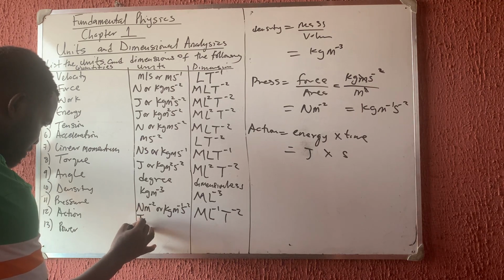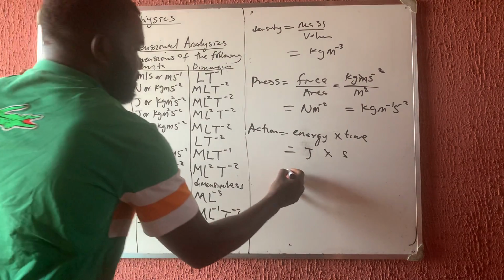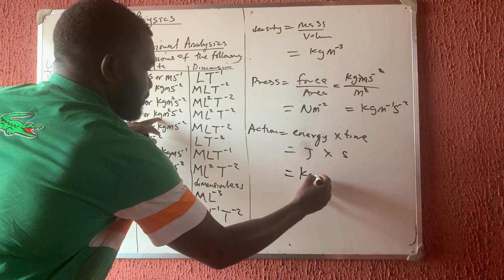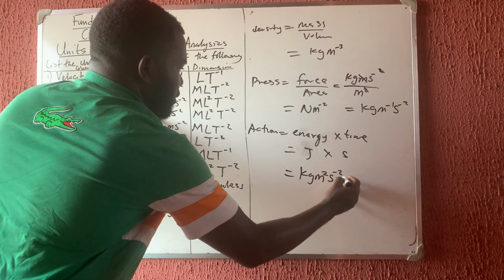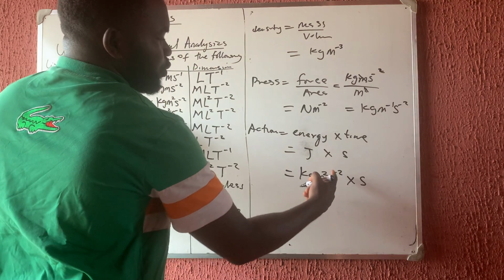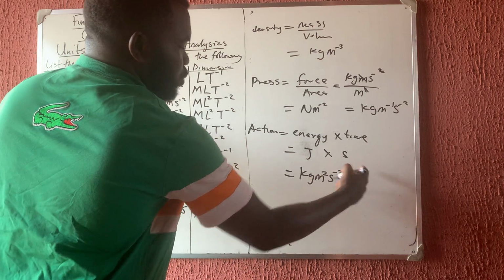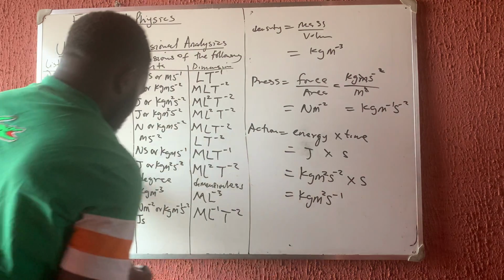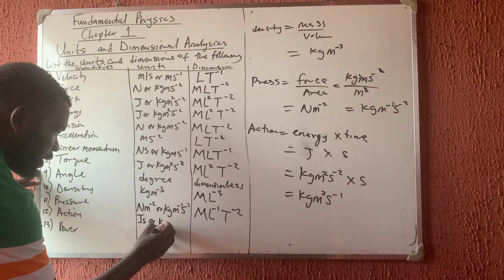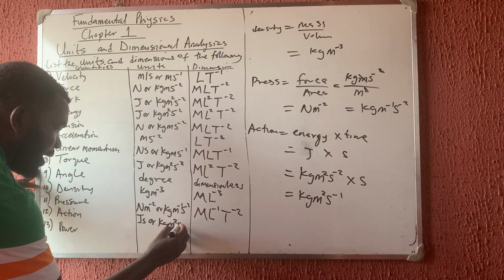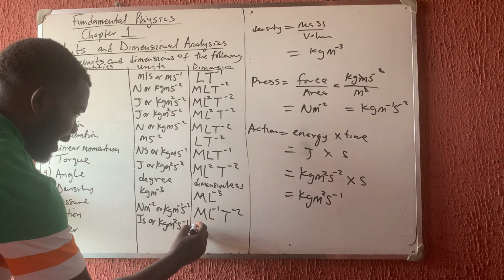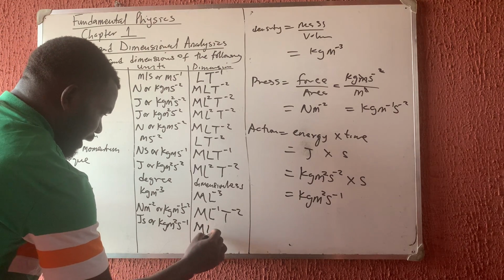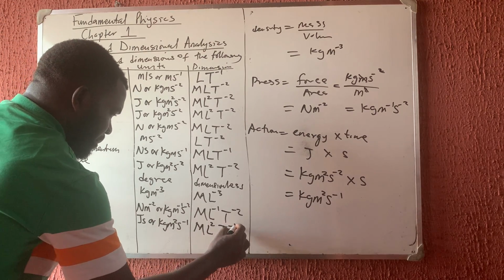Joule seconds is your action. But it can equally be measured in, don't forget that our joule is energy, which gave us kg m squared s minus 2, then times another second. Minus 2 plus 1 will give you minus 1. So I have kg m squared s minus 1. So if you now put it here, you have capital M, then L2, then T minus 1.